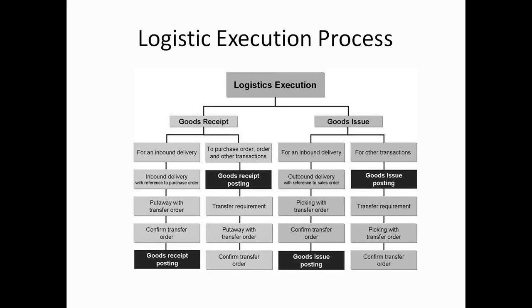There are two cases: WM activities happen before goods receipt, and WM activities happen after goods receipt. When we process with the inbound delivery, the WM activities are triggered before the goods receipt. Here in the first column, once the inbound delivery is created, a transfer order is created with respect to the inbound delivery.